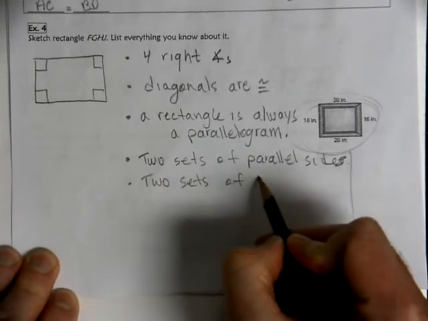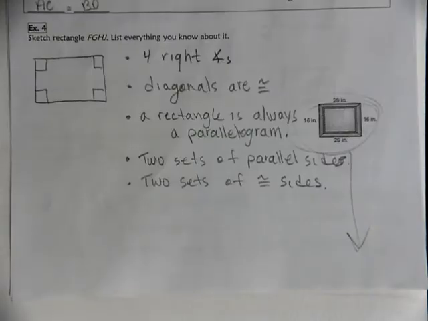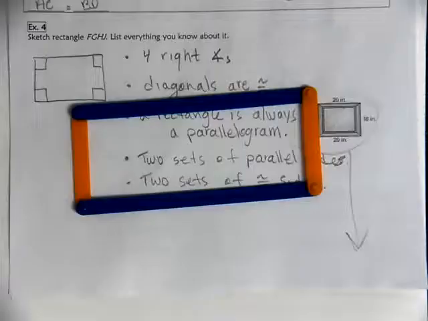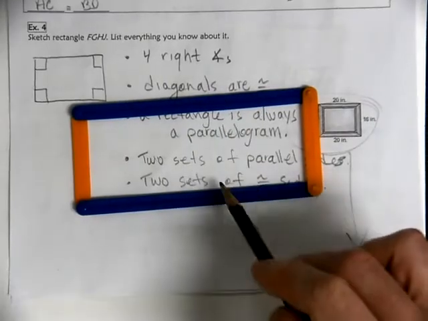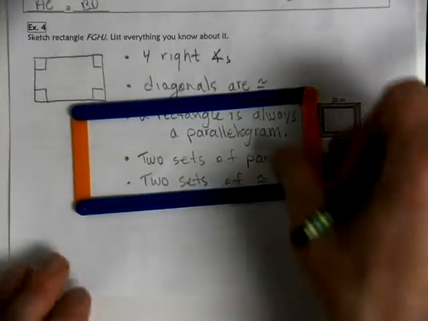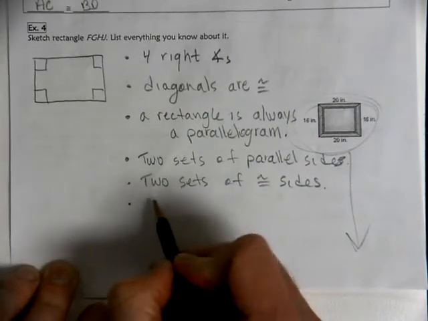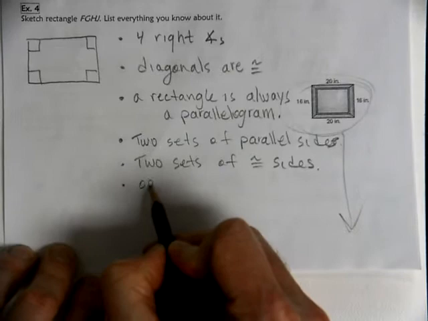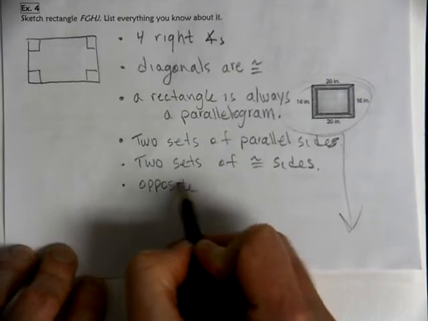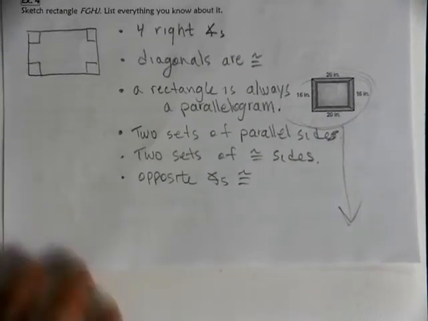Two sets of congruent sides. That's true about every parallelogram, and that's obviously true about a rectangle. Opposite sides are congruent. We have opposite angles congruent.